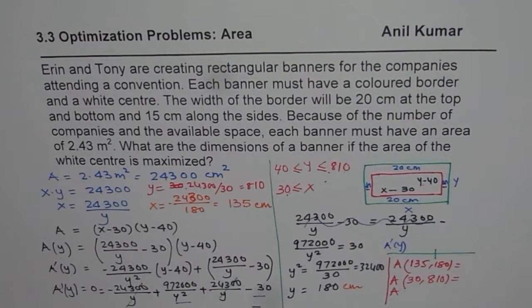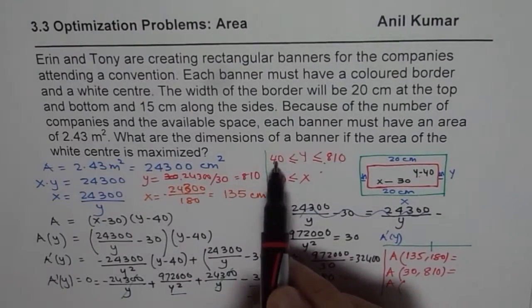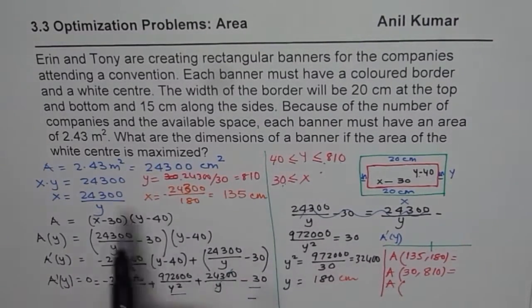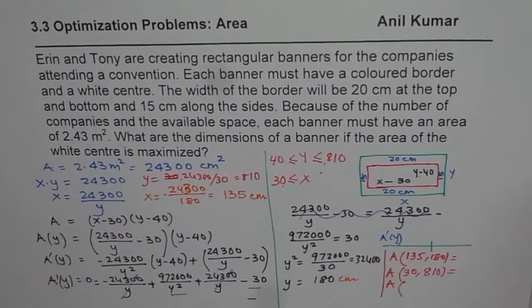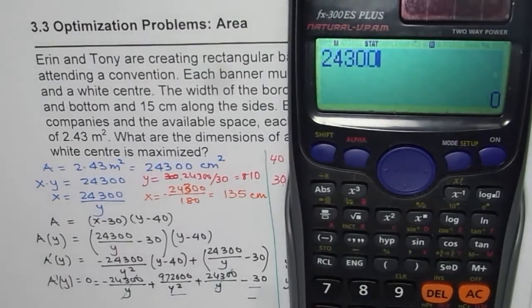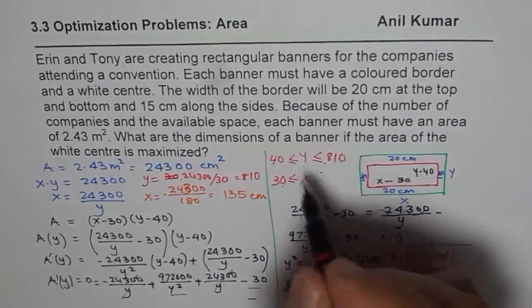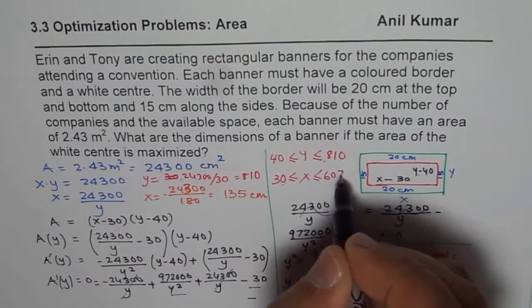Also calculate the area when y is 40, and find what x will be. So let's find x when y is 40. x is 24,300 divided by 40, which is 607.5.